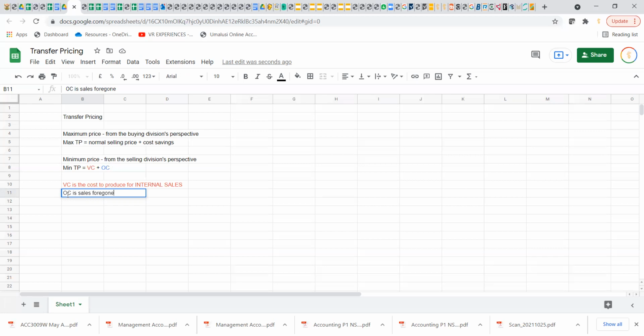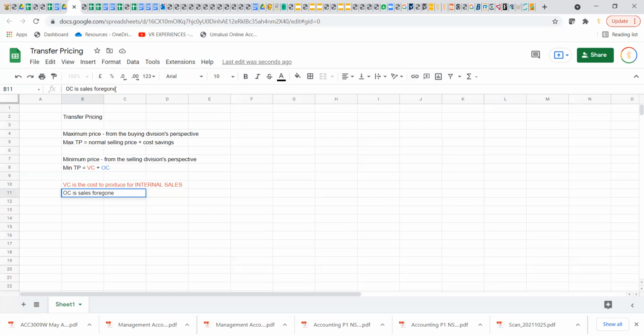So if for an order you need to produce 700, but you only have spare capacity of 500, you are short by 200. If you decide to go ahead with this special order, you will have to forego 200 of your normal sales. So the opportunity cost is that, in order to sell for this particular order, you would have to forego some of your normal sales.